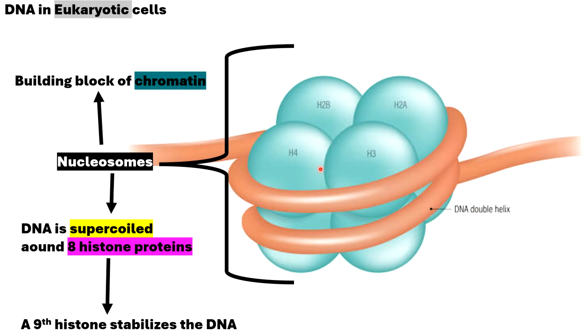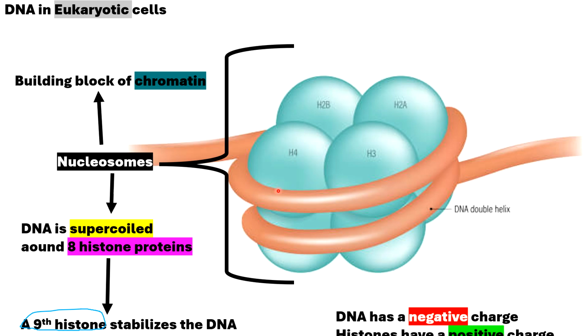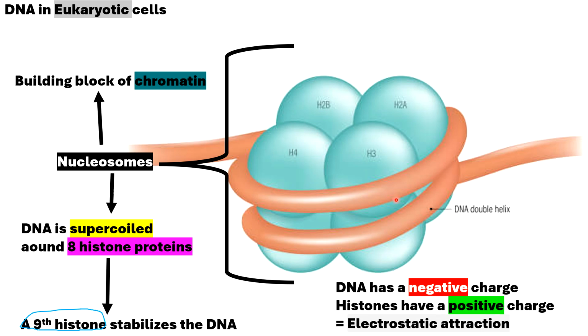Now you can see 8 here, but there's actually a 9th one. There's a 9th histone protein which stabilizes the DNA. Now, how are these actually held together? Well, this is because DNA has a negative charge. This is going to link with gel electrophoresis that we'll look at later.